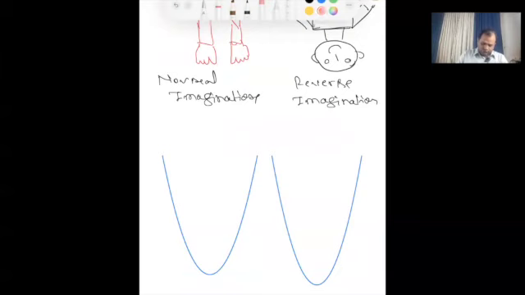So the head region will be here, the whole body will be here, and the lowermost part of the body will be down. And in the other imagination, the body will be like this.